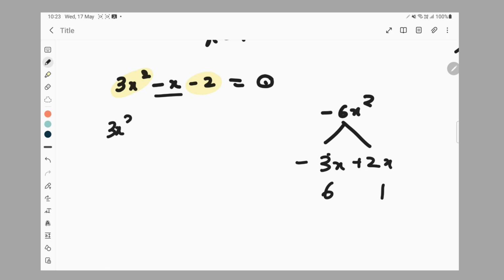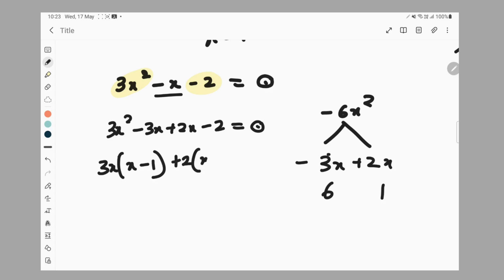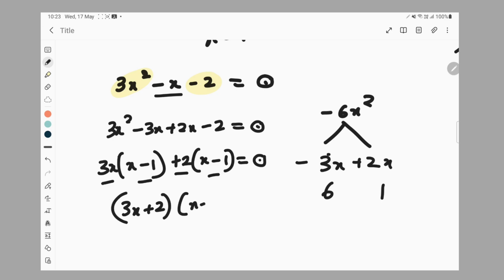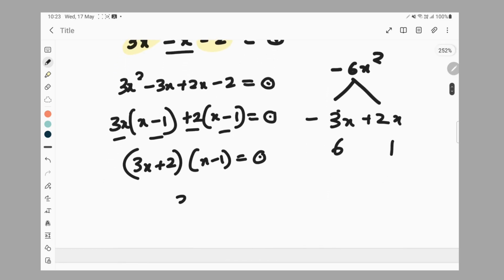So 3x squared minus 3x plus 2x minus 2 equals 0. Then you take the 3x out, x minus 1, and you take plus 2 out, x minus 1. Then you take the two outside ones, 3x plus 2, into the other, x minus 1, equals 0. Now take each bracket and equate it to 0.